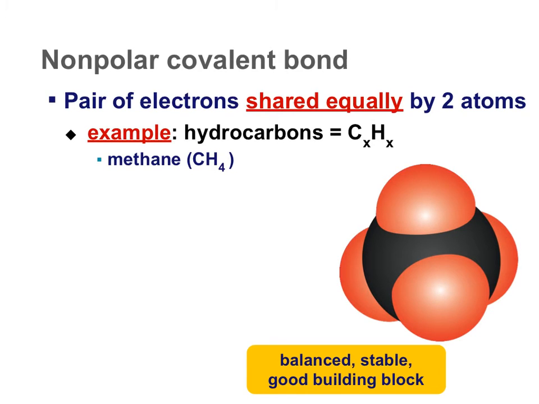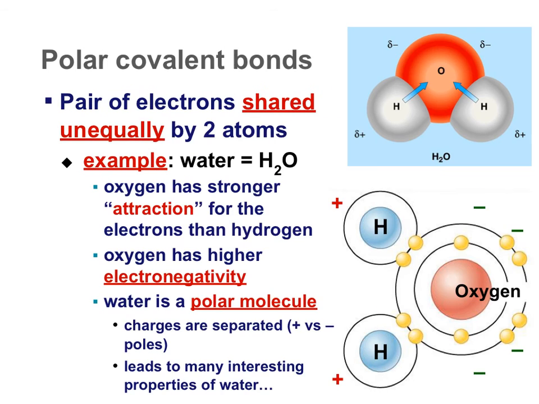What that means is that the nucleus of the carbon is not pulling in the electrons any tighter than the nucleus of the hydrogen is pulling in the electrons. So there's a tug of war that exists because of electronegativity, which we'll review more, but essentially here, neither of the nuclei are winning, not the carbon and not the hydrogen.